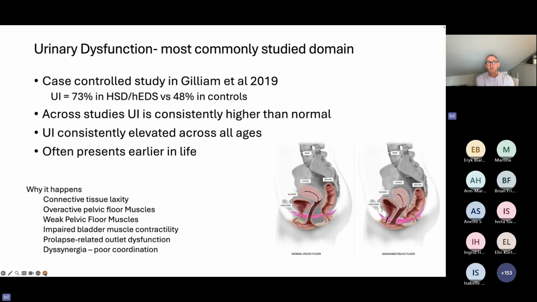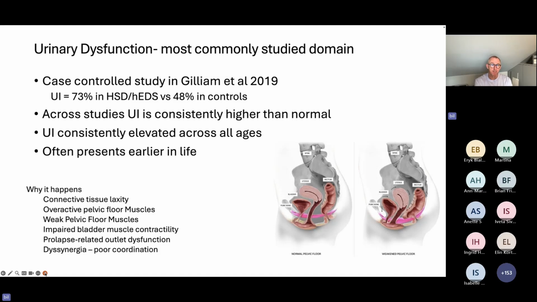Now, urinary dysfunction is the most commonly studied domain. A case-controlled study in 2019 by Gilliam et al. found that there was 73% of HSD and heads patients with urinary incontinence versus 48% in controls. Across studies, urinary incontinence is consistently higher than normal, and it's consistently elevated across all ages, and it often presents early in life.